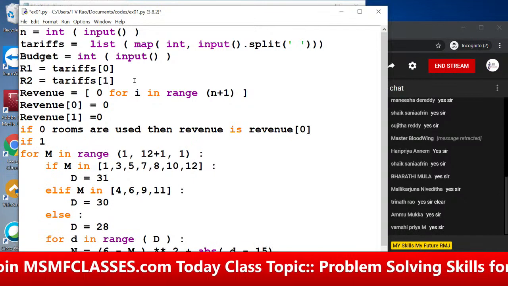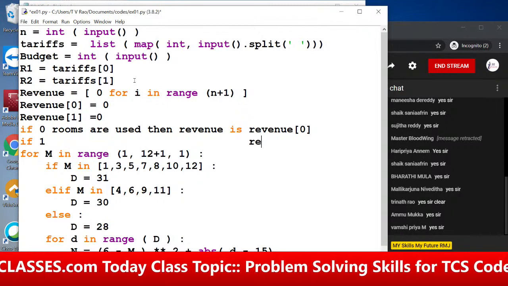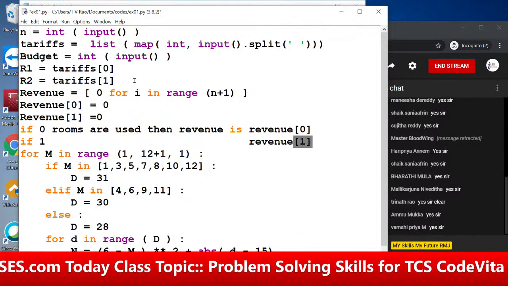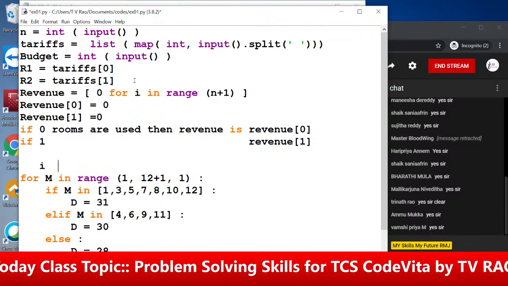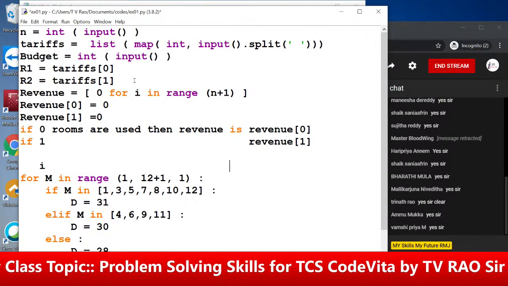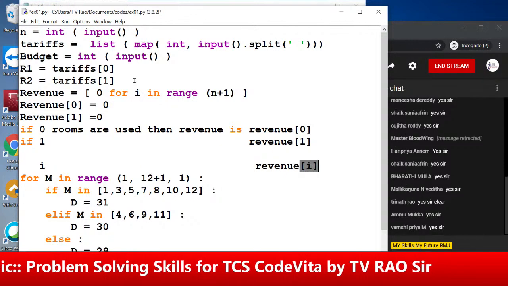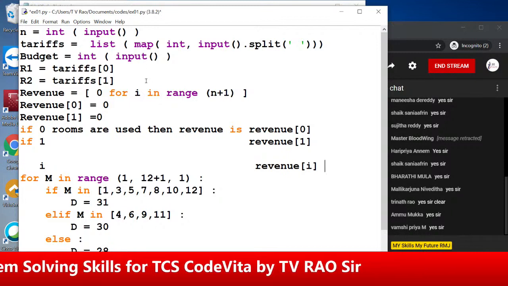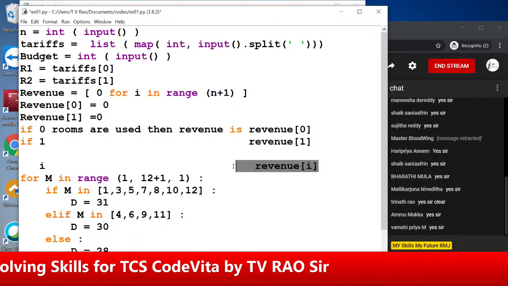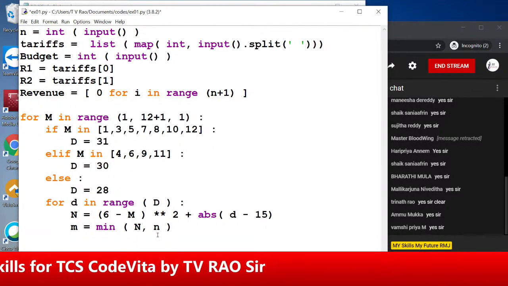If one room is used, revenue is revenue 1. Similarly, if I rooms are used, revenue is revenue I. Initially everything is 0. Okay, so hope you understand it. So I make the revenue 0 in the beginning.